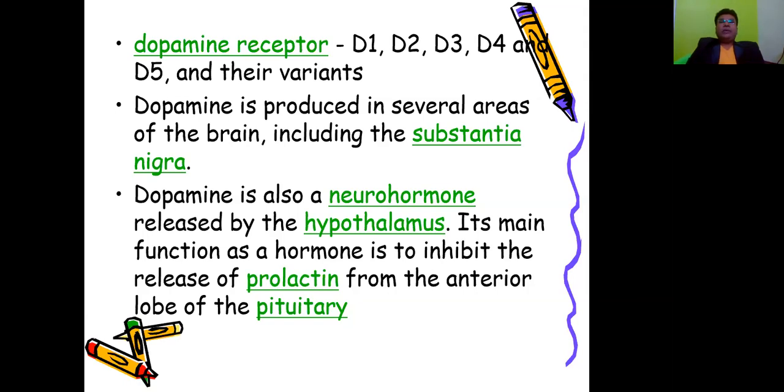Dopamine is also a neurohormone released by the hypothalamus. Its main function as a hormone is to inhibit the release of prolactin from the anterior lobe of the pituitary. So, bromocriptine is mainly used in the treatment of prolactinemia.